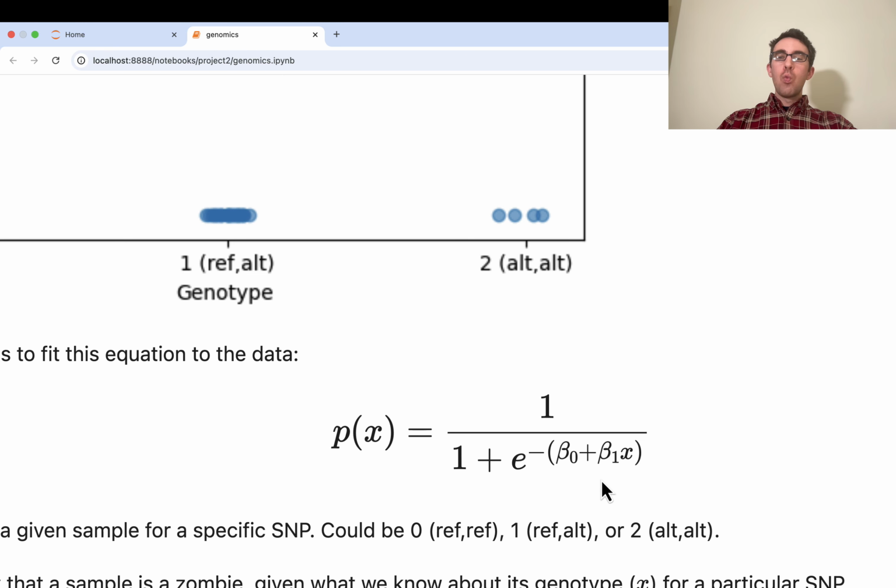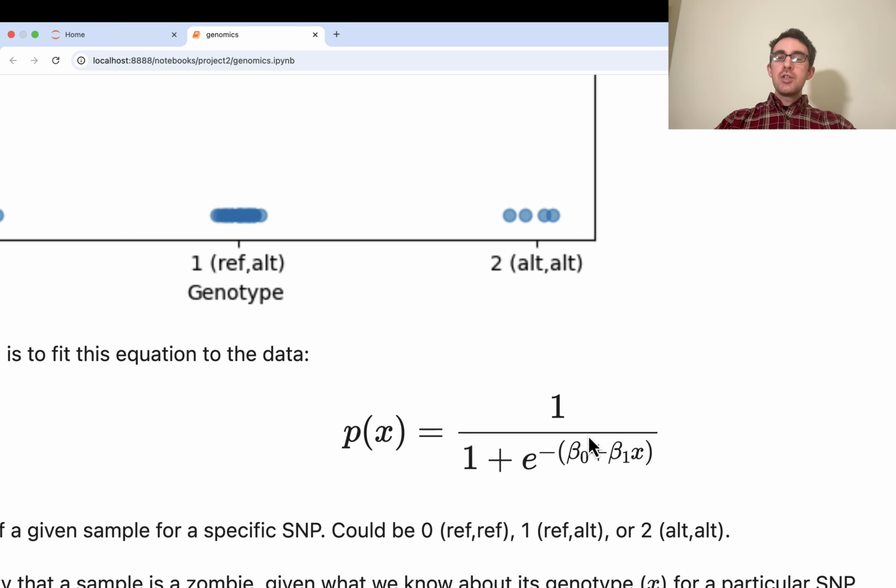So whatever fit value beta 1 had doesn't matter for people with a genotype of 0, because it's just multiplied by 0 and eliminated from the equation. So for people with a genotype of X equals 0, we're left with only beta 0 in the equation.